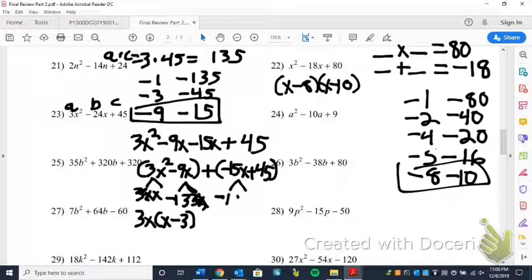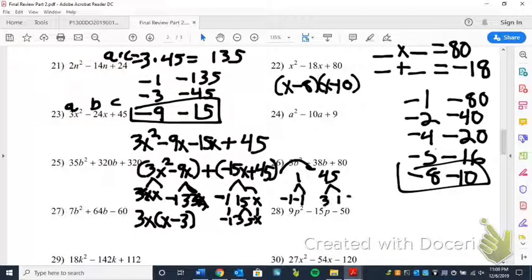Negative 15 is 3 times 5, so we have a negative 1, and then 15 breaks down to 3 times 5. And 45 is just 15 times 3. So end with 1 times 45. Remember, because we have that negative leading that second binomial, we're going to break our 1 into 2 negatives. Because if we don't pull out a negative, we'll end up with negative x plus 3 instead of x minus 3.